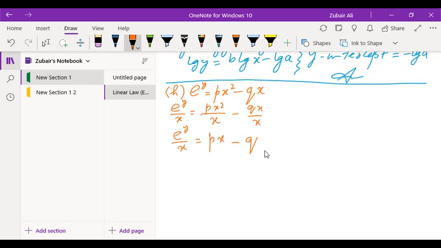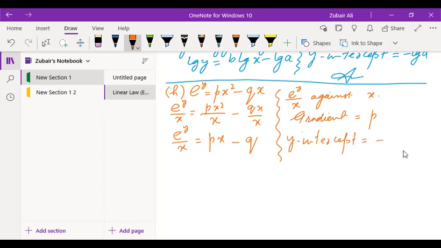So we should write like this: e power y upon x should be plotted against x, and the gradient is p, and the y-intercept is equal to minus q, and this is the answer for question number 7.